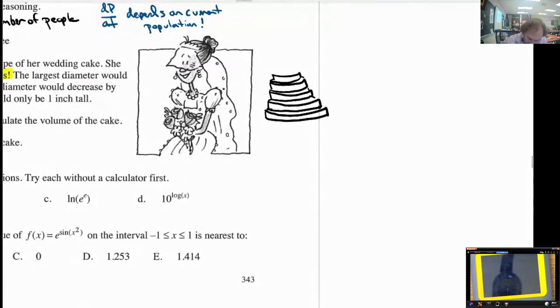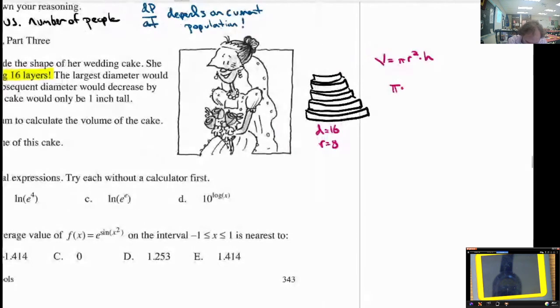Now each layer is a cylinder, and the cylinder's volume is equal to pi times the radius squared times the height. So we need to think about the volume of each one of these things. The biggest one has a diameter of 16, which is a radius of 8. So our biggest one, let's say our first one, is going to be pi times 8 squared times 1, since they're still 1 inch tall.